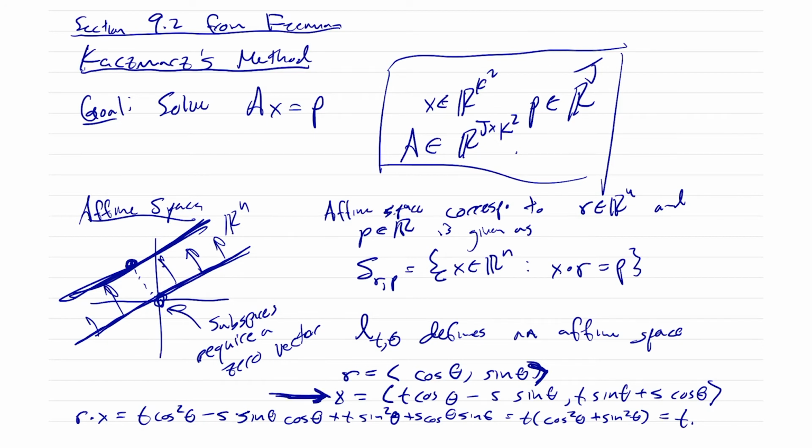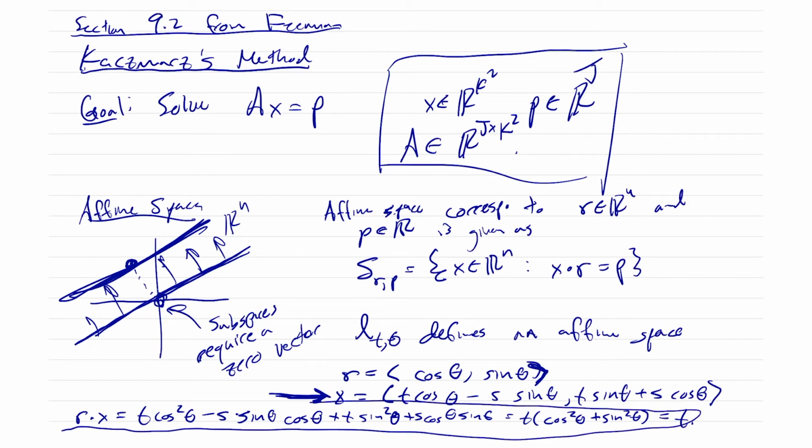This is our vector, usually we'd say xy, but in this case we're just considering x as being r squared. And so this defines all the points on the line, as long as we think of r as being cosine comma sine, like you would for any unit vector.